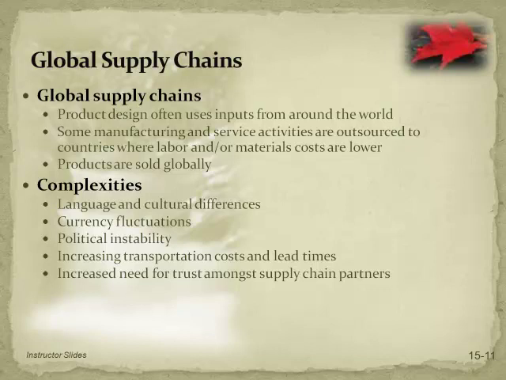There are political difficulties. The time it takes to move these materials across these international borders is very long. So how long does it take for a ship to come from China to the United States? It takes quite a long time to get here. So being able to manage across these global boundaries is a very difficult challenge.